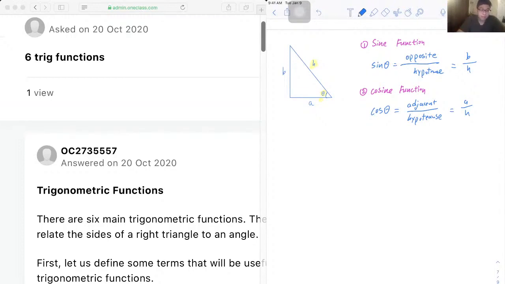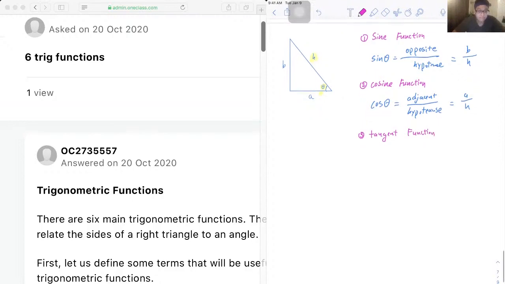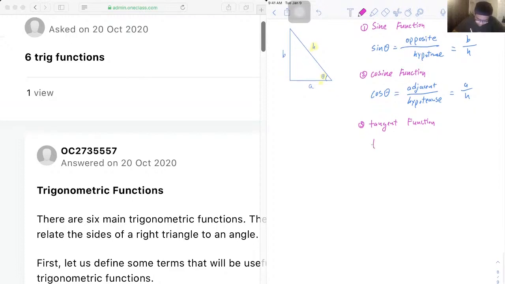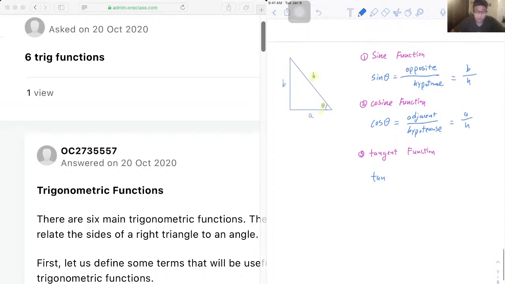Okay. So coming up, we have our tangent function. All right. So this is related to the angle, opposite side and the adjacent side. We write tan as a symbol of tangent.